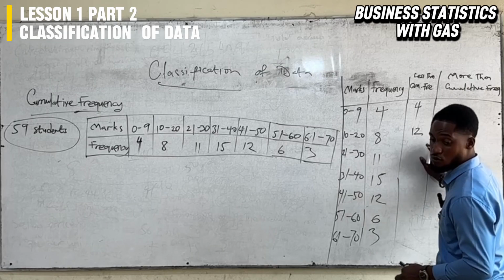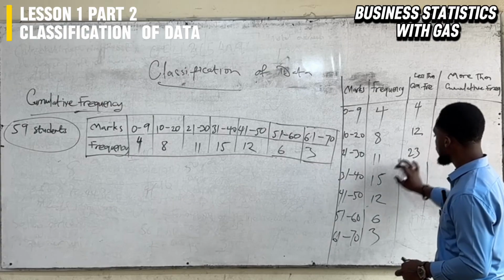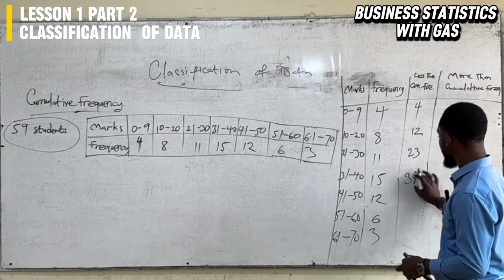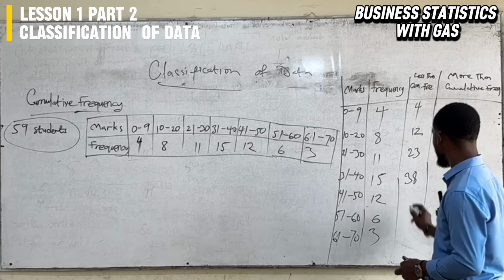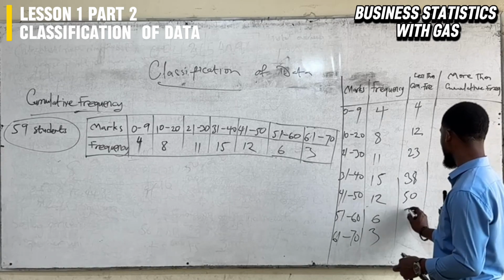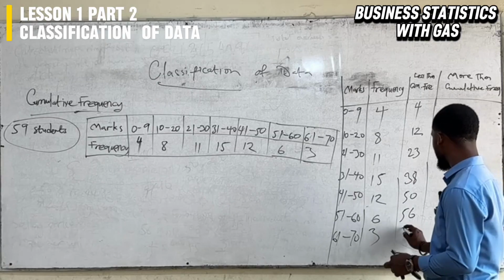Adding 11 to 12, you get 23. Then you add the 23 to the 15, getting 38. You add the 38 to the 12, getting 50. You add the 50 to the 6 here, you get 56. And when you add the 56 to the 3, you get 59.